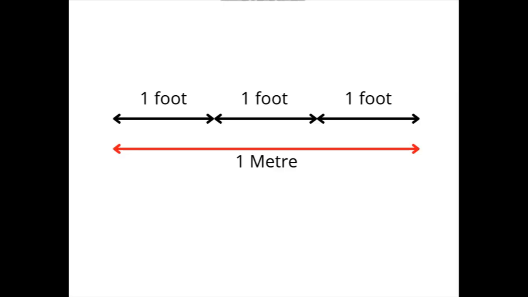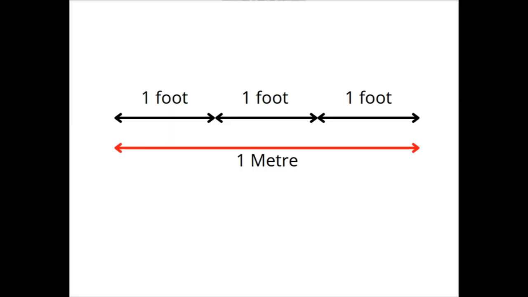And last but not least, finally, how do we judge how fast we can go around objects with adequate clearance? If you think of it this way, a metre, which is what we would be looking for most of the time, is 3 feet. 1, 2, 3.